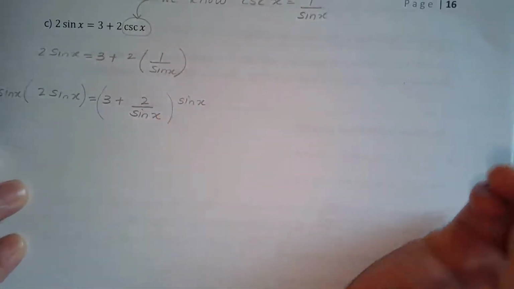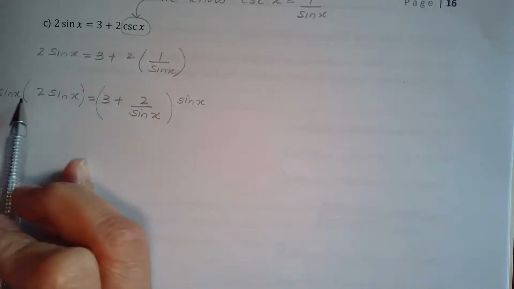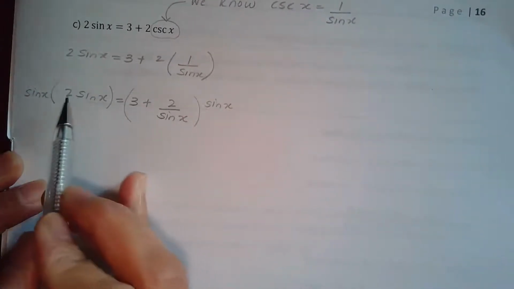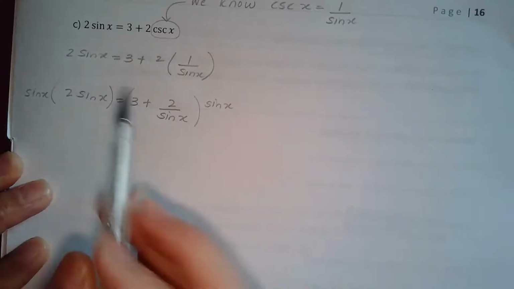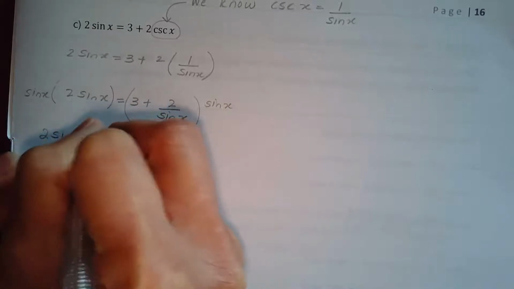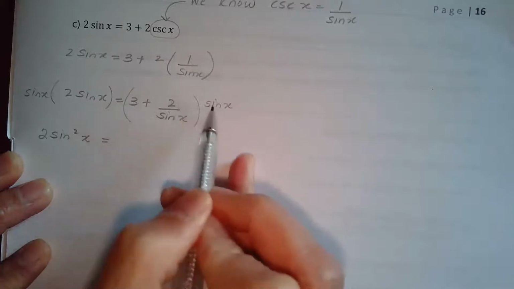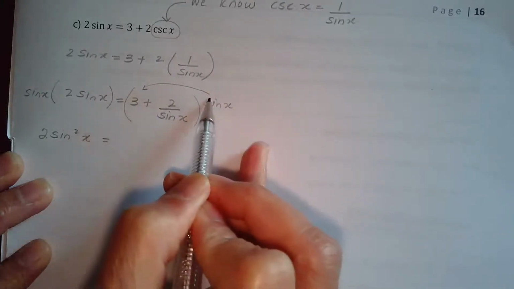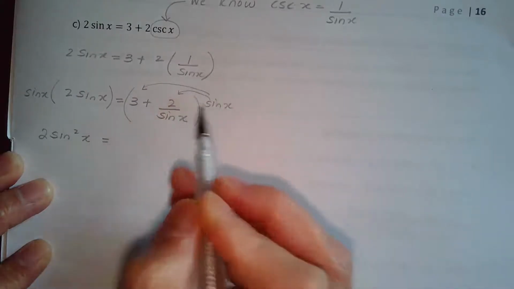I have to multiply all of these by sine of x. Sine of x times 2 sine of x gives us 2 sine squared of x. It equals, and this is a binomial times sine of x, so I have to multiply it in.